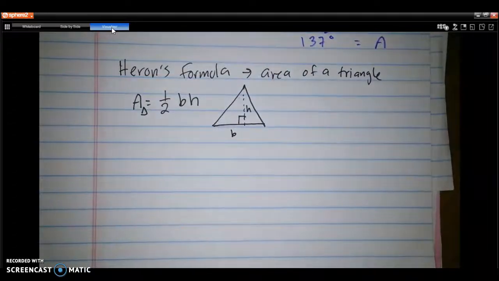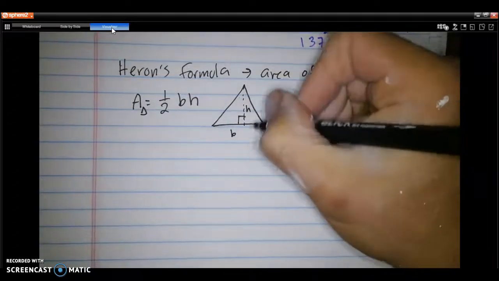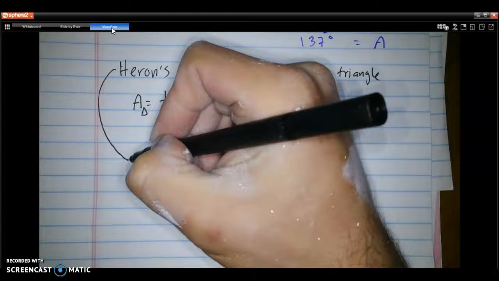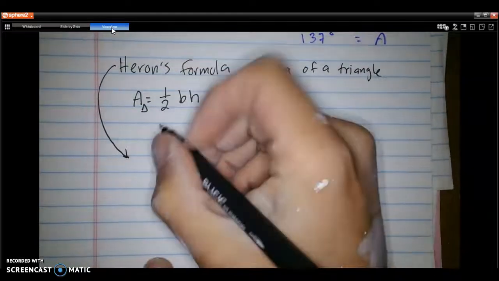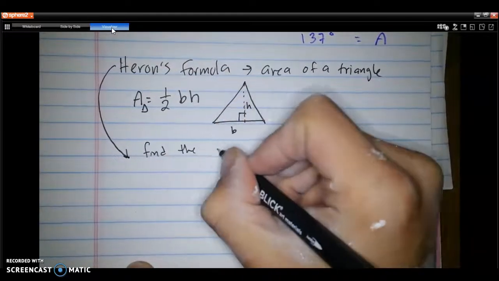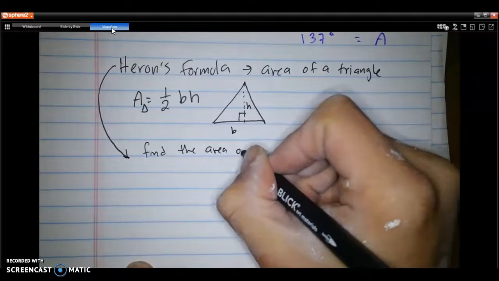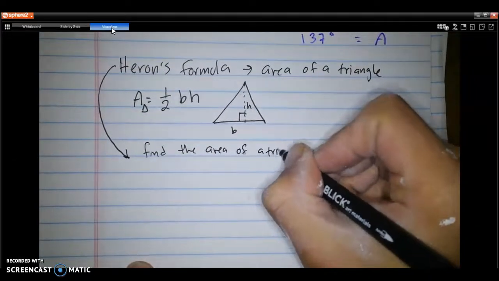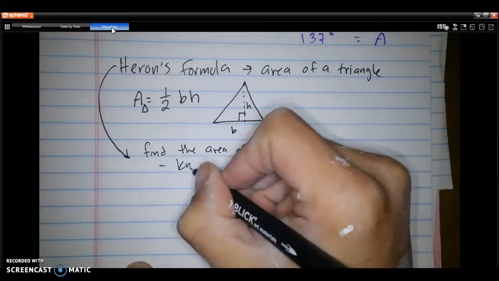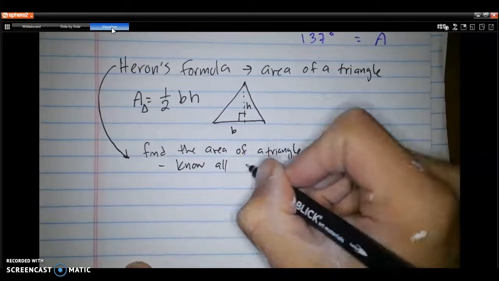When we get into trigonometry, a lot of times we aren't given the height of a triangle. In fact, that's a really difficult thing to find in a lot of triangles. What Heron's formula allows us to do is we can find the area of a triangle if we know all the sides.